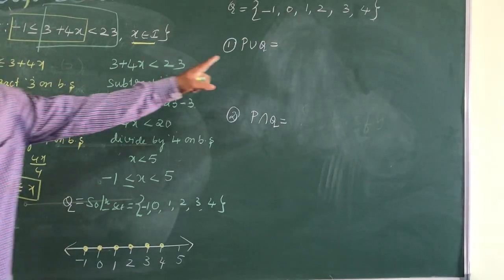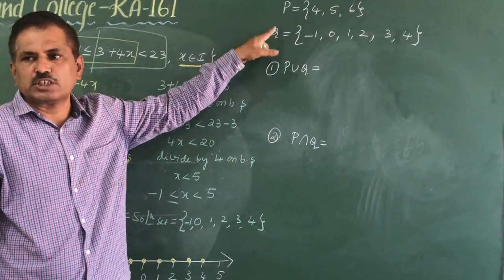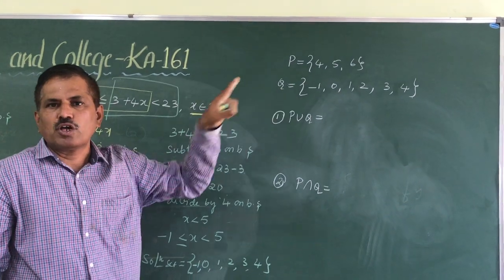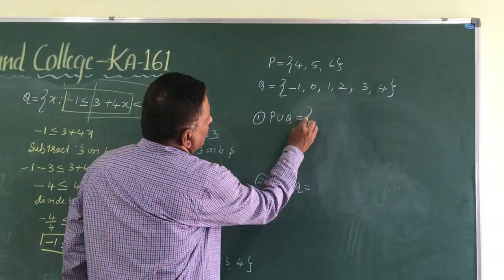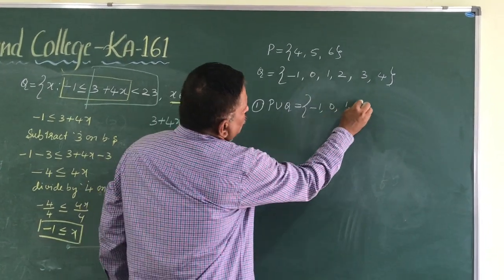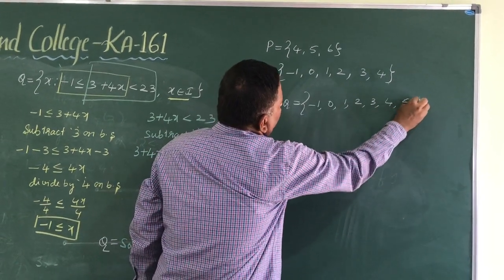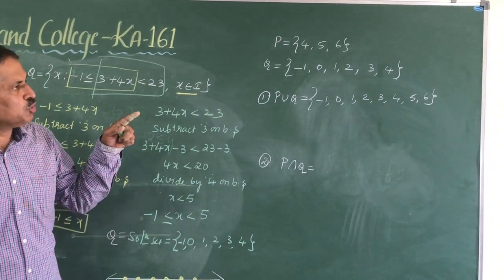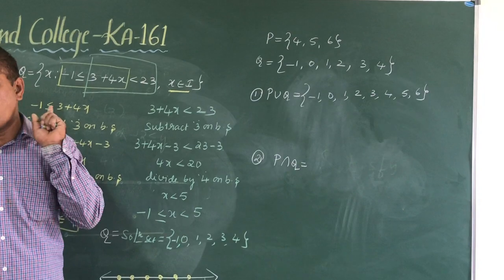What are those values you will get? Minus 1, 0, 1, 2, 3, 4, 5 as well as 6. I said you have to write the values which are present in both sets maximum of one time.